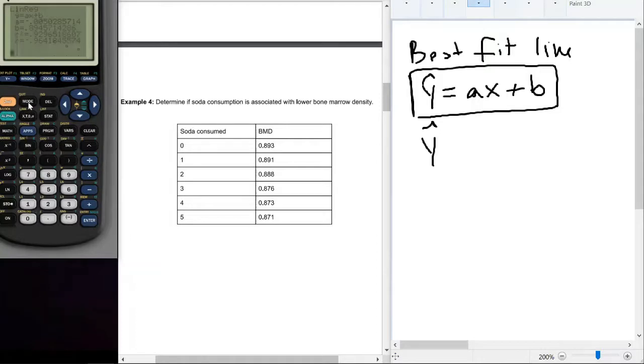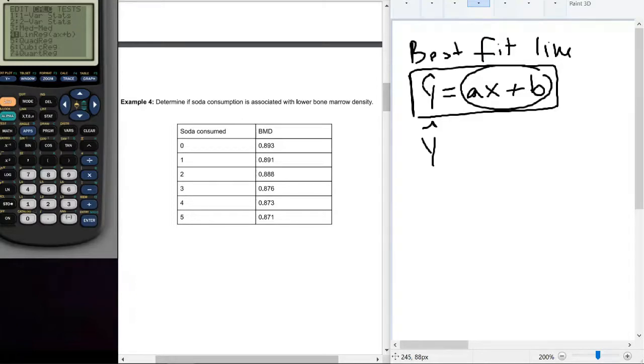If you notice, whenever we did the linear correlation coefficient to find the R, you went to Stat, Calc, and then you went to number 4, right? Notice what else number 4 says. It says AX plus B, and the best fit line is in the form AX plus B. So the calculator will give you what the A is and what the B is.